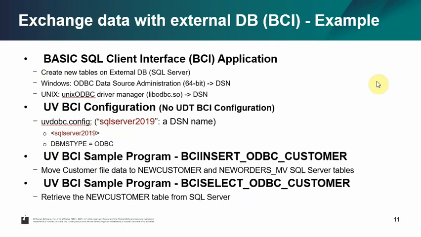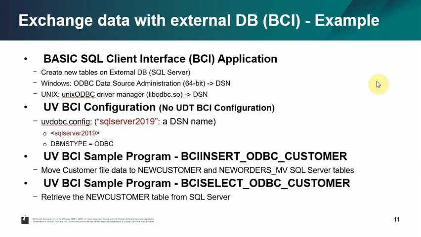So I created two BCI programs. One is called BCI insert underscore ODBC for the customer. It does the same thing, moving all the customer file data to new customer and new orders MV.